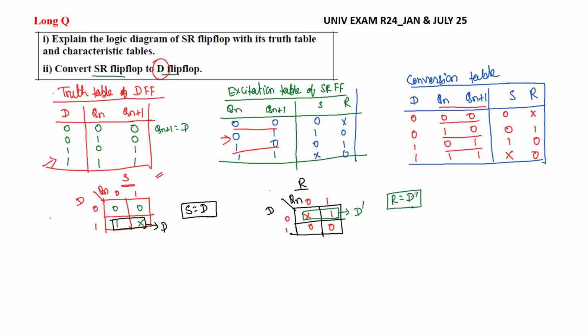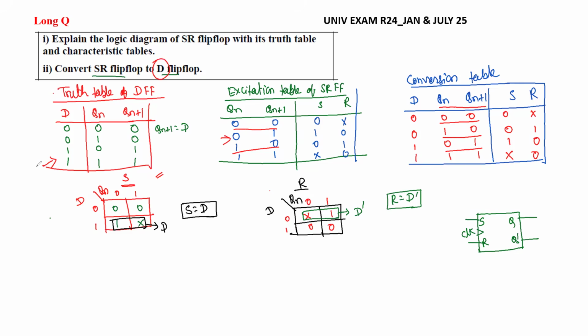Many times people do it correctly up to this point, but after that they make a mistake. Here we are going to design a D flip-flop by using an SR flip-flop. So the SR flip-flop is the main flip-flop from which we design. This flip-flop will be our SR, with inputs S and R, outputs Q and Q dash, and the clock pulse.